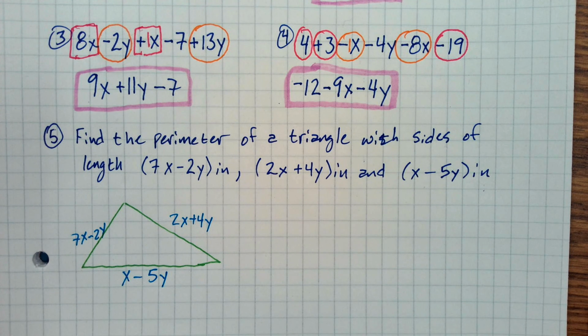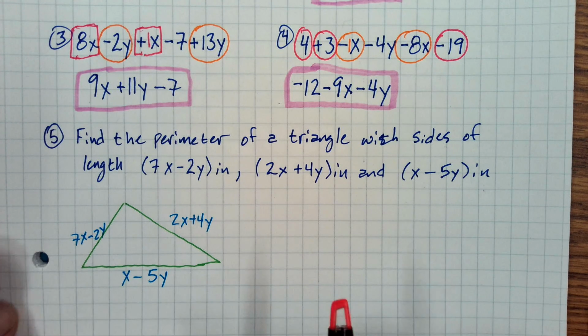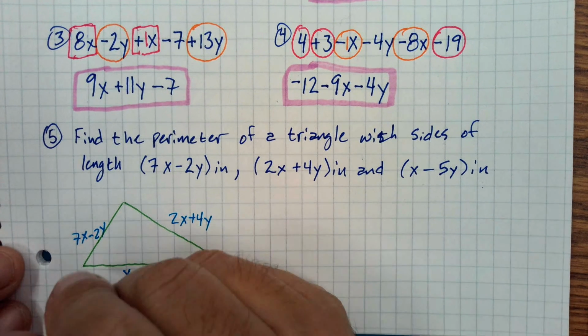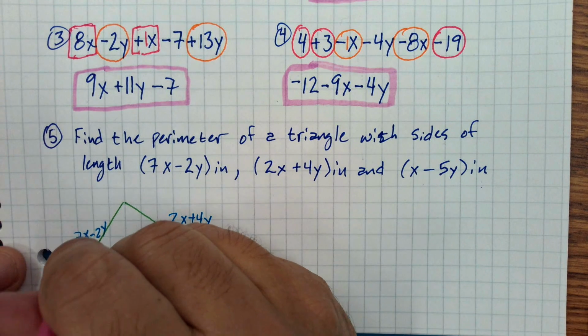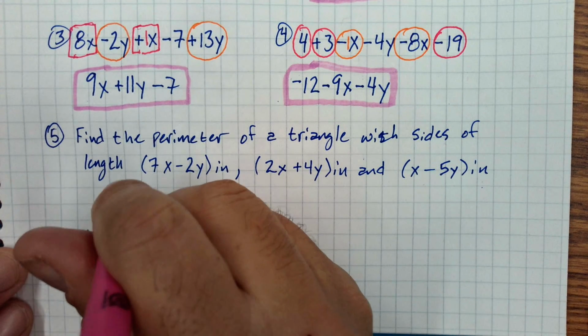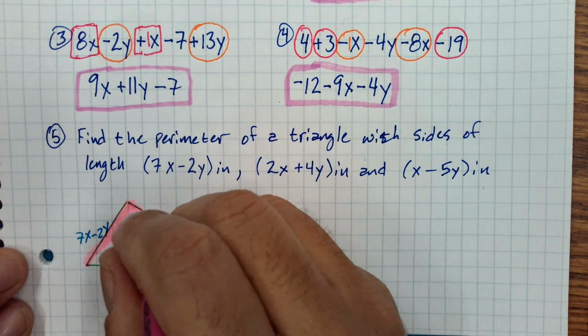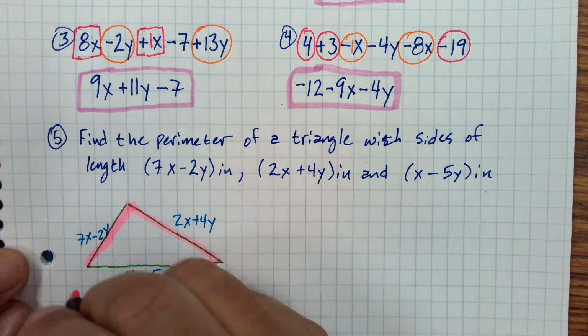What do we do when we find the perimeter? Anyone recall? Anyone remember what a perimeter is? Usually when we're talking about two-dimensional shapes, we talk about area and perimeter. The barrier, that's a good way to say it, yeah. The perimeter is around the outside.